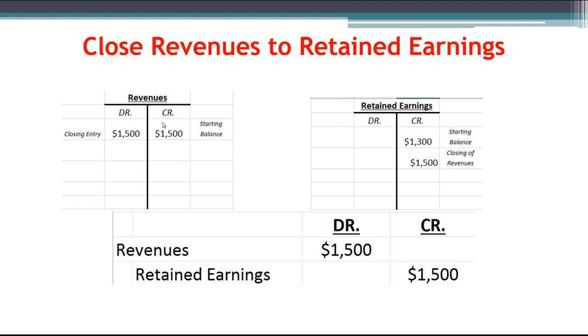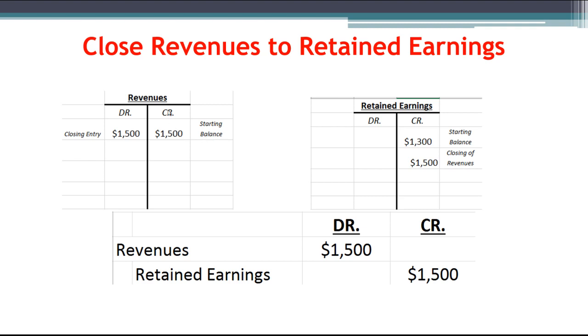So the whole point of closing is to zero out an account and move that balance elsewhere, retained earnings. So to close revenues, to close any account, you have to find out whatever its balance is and do the exact opposite to it. Revenues in this case had a $1,500 starting balance.